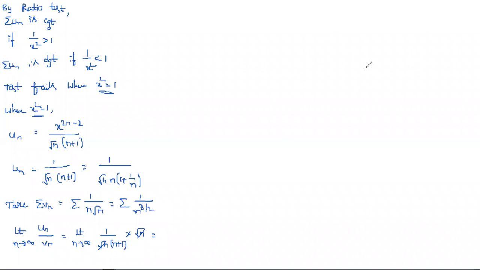And simply, limit n tends to infinity of un by Vn: un is 1 by n root n into (1 plus 1 by n), and Vn is n power 3 by 2, or n root n by 1. So these two cancel. Now if you apply the limit, we get 1 by 1 plus 1 by infinity, so 1 by 1 plus 0, which is equal to 1. It is not equal to 0.